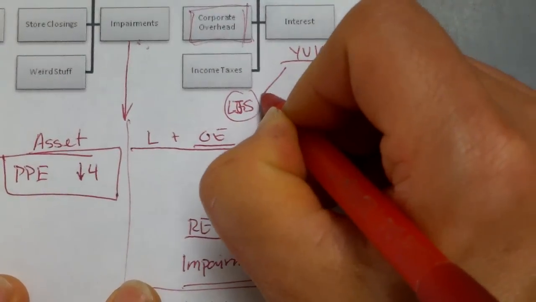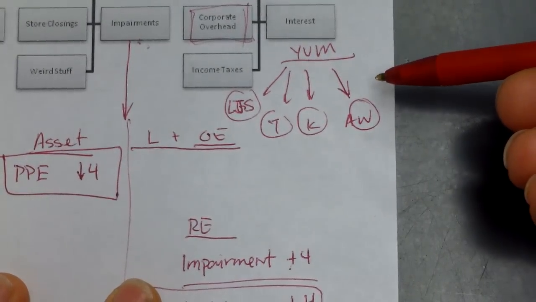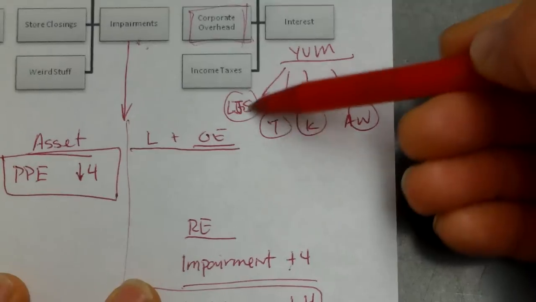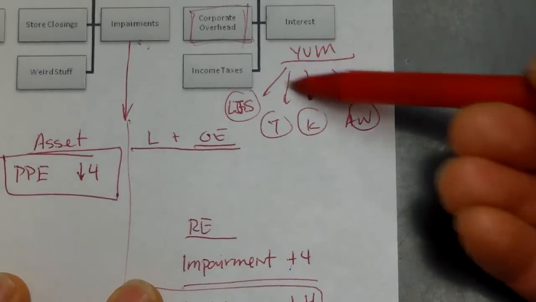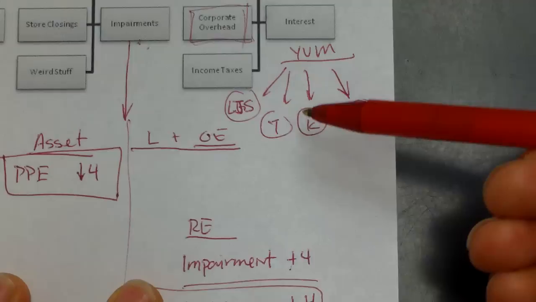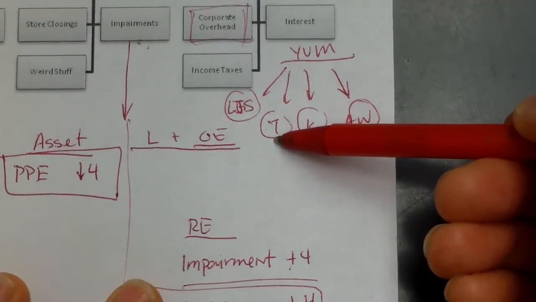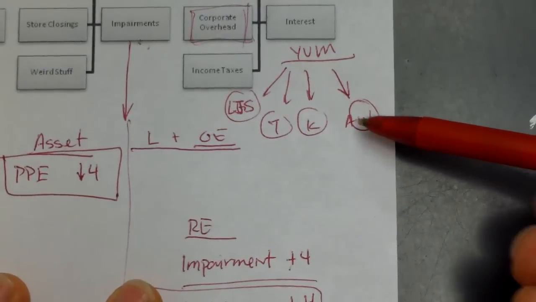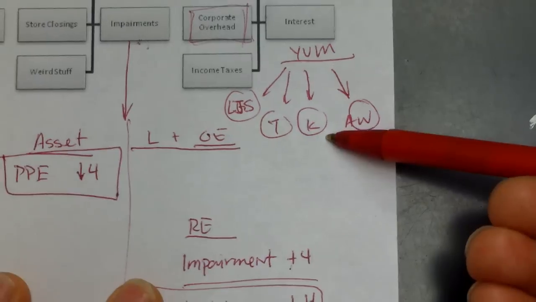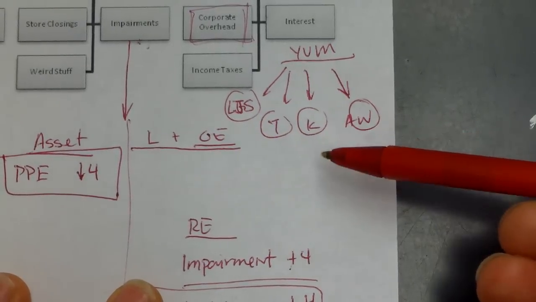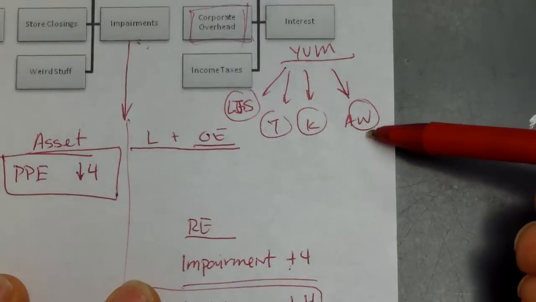Yum is going to allocate some of those costs of its CEO's salary and everybody's salary. It's going to allocate some of that overhead to each one of its divisions, right? Those CEO salaries are not really directly related to whether or not Taco Bell can sell tacos, right? It's very, very removed. It has nothing to do with the day-to-day operations of selling tacos or selling fried chicken or delicious chili cheese dogs or anything like that, right?